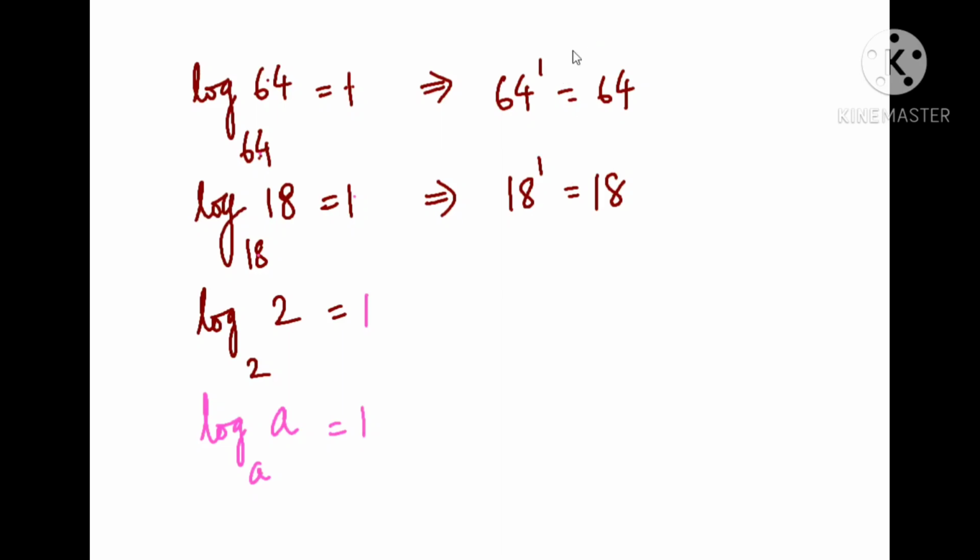Then 5 to the power of 0 is equal to 1. This is the exponential form. If you convert this into logarithmic form, logarithm of 1 base 5 is equal to 0.